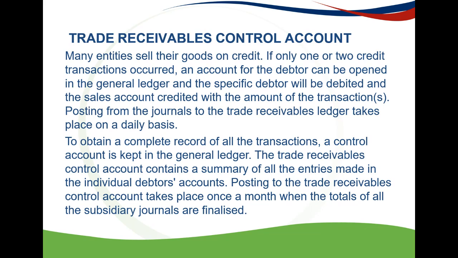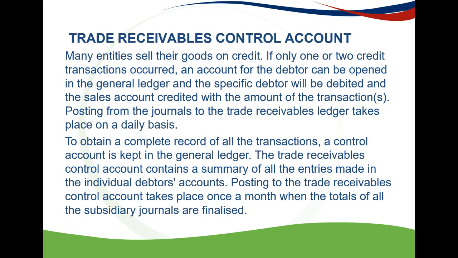Posting to the trade receivables control account takes place once a month when the totals of all the subsidiary journals are finalized. So our daily posting will happen to our trade receivables ledger.